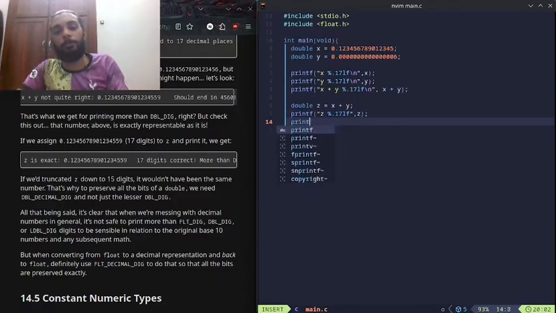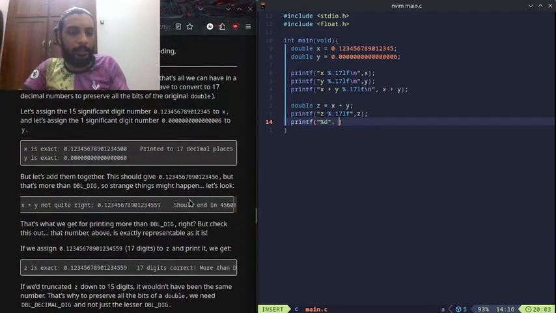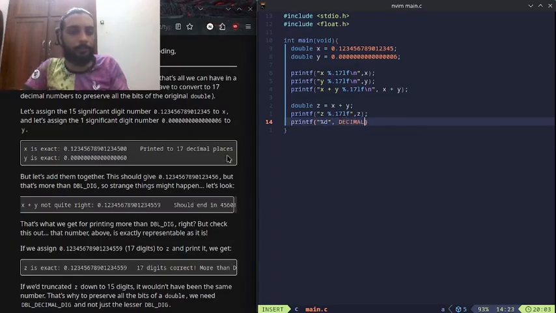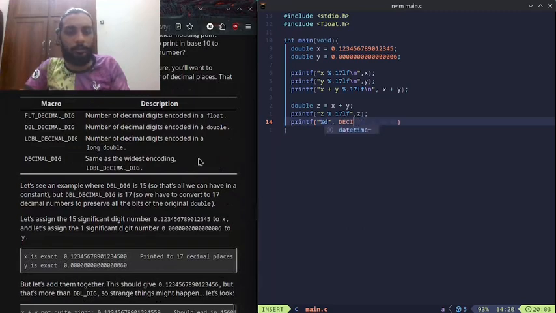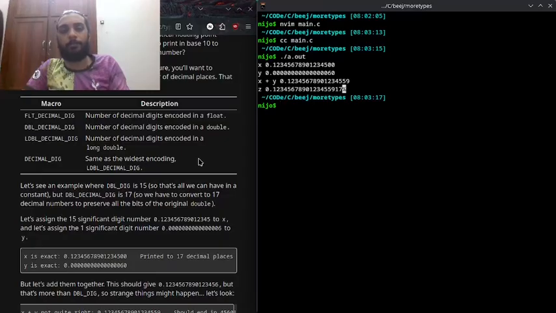Now I do want to printf the macro for that. So what was the macro called? I think it was DBL_DECIMAL_DIG.